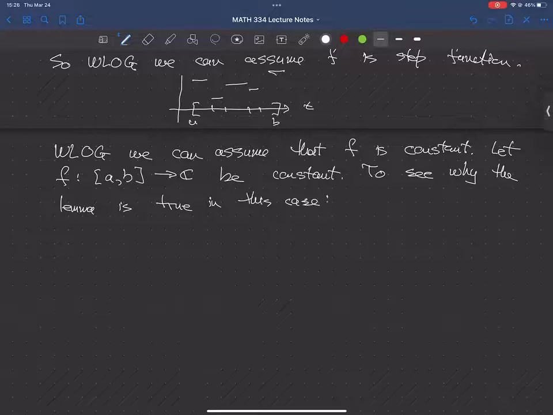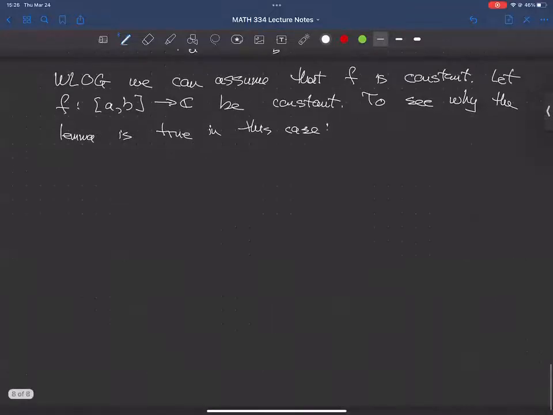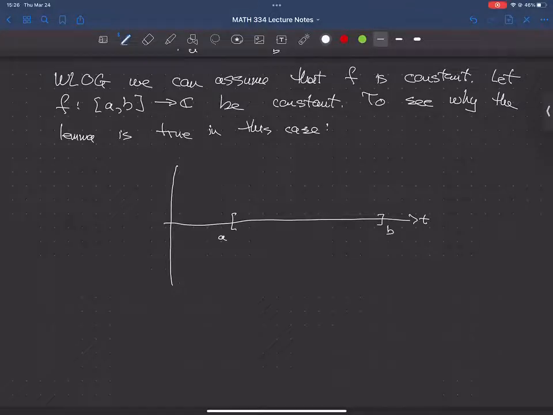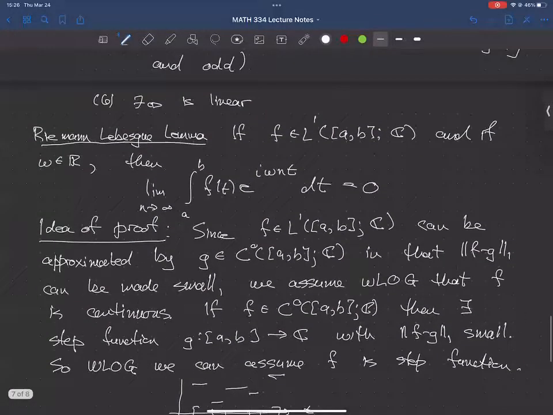what I'm going to do is draw some pictures. And again, the pictures aren't rigorous, but they definitely give you the reason why the lemma is true. So A, B. Let's say that I have n equals 0. That's a constant function, so maybe that's not the most interesting case to look at. Let's look at the case of n equals 1.